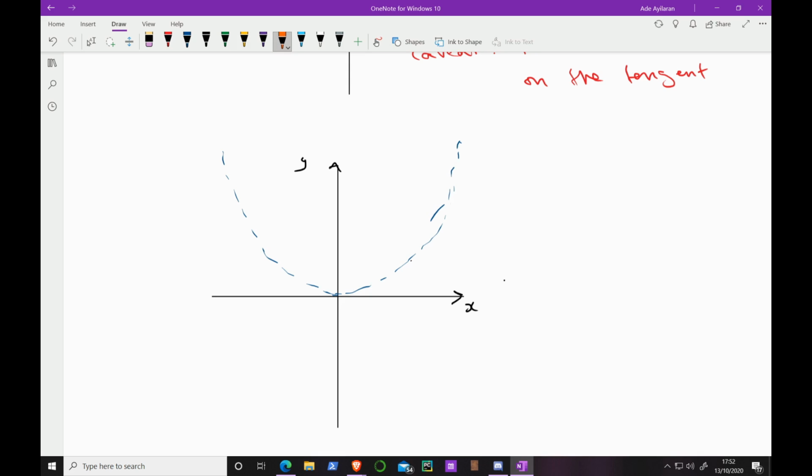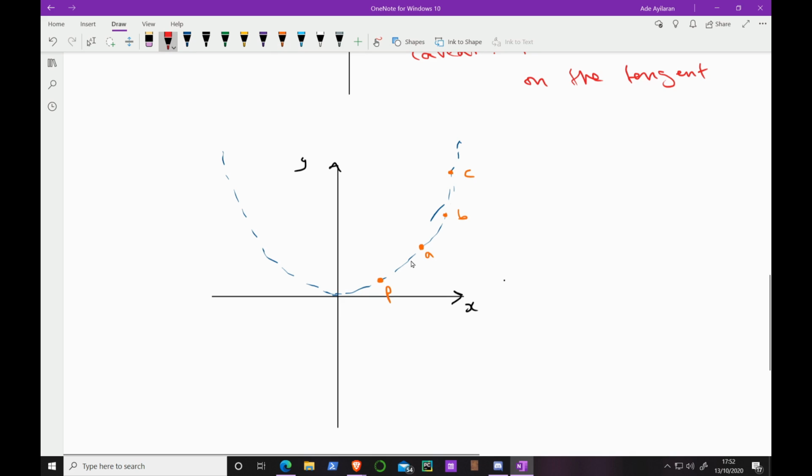And I'm going to have the point P once again. But this time, I have several other points. I have point A, I have point B, and I have point C.